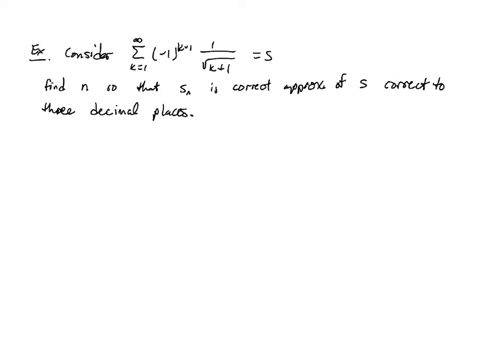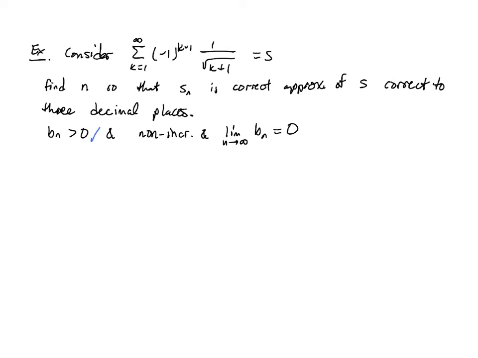Right? And so note, we have already checked that the hypotheses of the alternating series test hold. So we have that the bn's are all positive and non-increasing, and the limit as n goes to infinity of the bn's is 0.